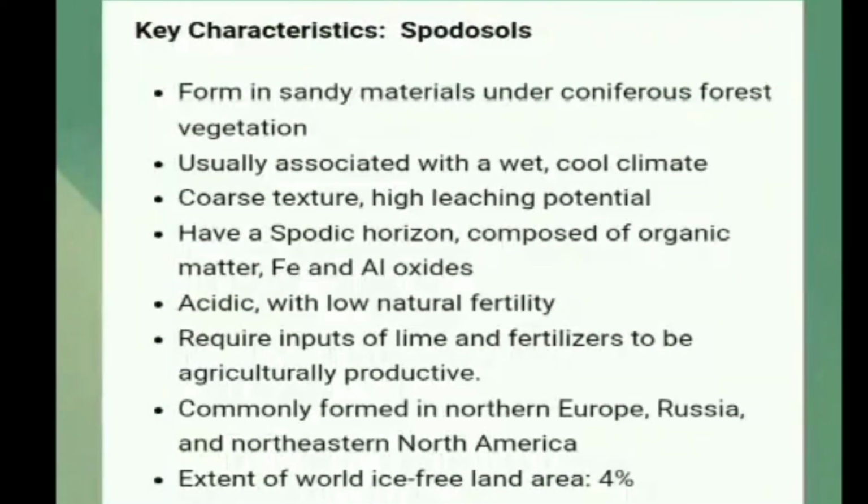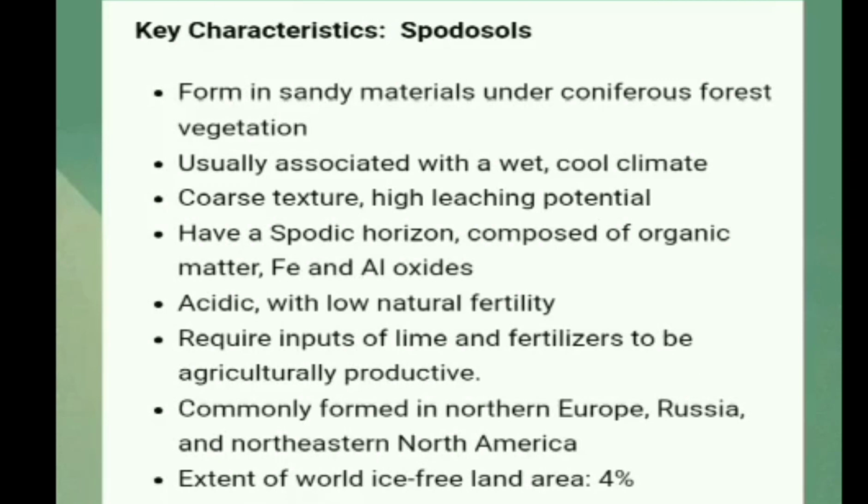Key characteristics of spodosols. Form in sandy materials under coniferous forest vegetation, usually associated with a wet, cold climate. Coarse texture, high leaching potential. Have a spodic horizon composed of organic matter, Fe and Al oxides.